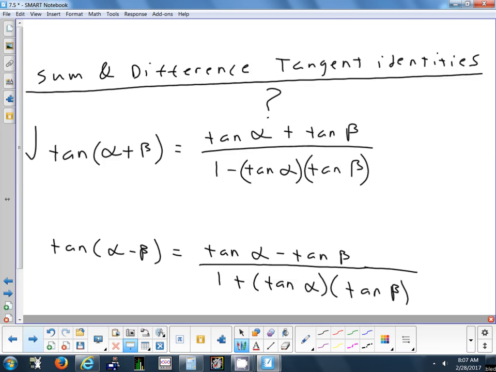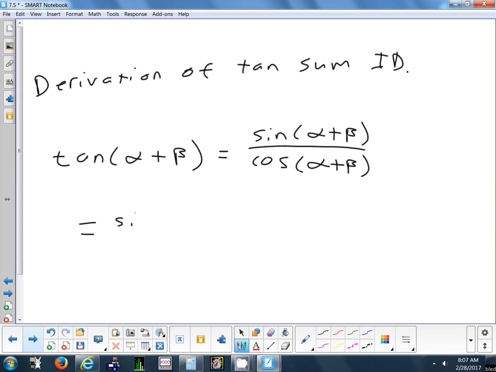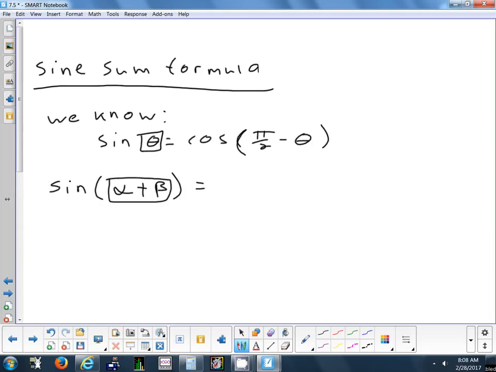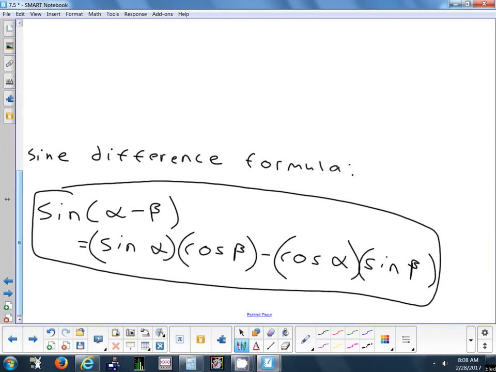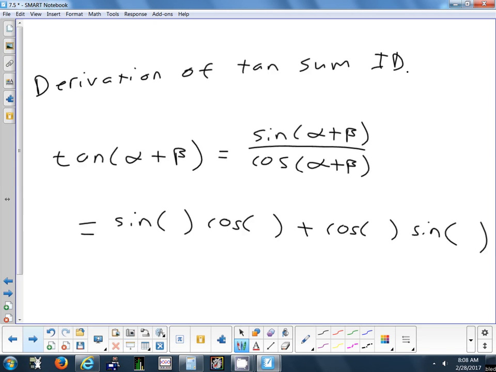So let's start with that: sine cosine plus cosine sine. That's how every sine sum formula works. Now you just have to fill in the arguments, and the order is always first, second, first, second. That's for the sine identity. So first is alpha, beta, alpha, beta.